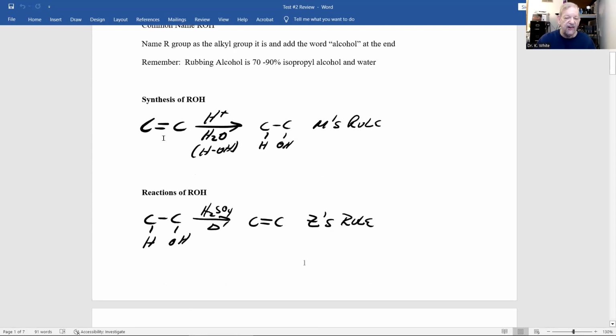Well, this is the only reaction I can have on more than one test, test 1 and test 2, a double bond, acid catalyst, that's H plus water. Remember, water is HOH. You break the pi bond, one carbon gets H, the other gets OH. It follows Markovnikov's rule. The carbon with the most hydrogens of the double bond gets the hydrogen. The other carbon gets the hydroxyl group.